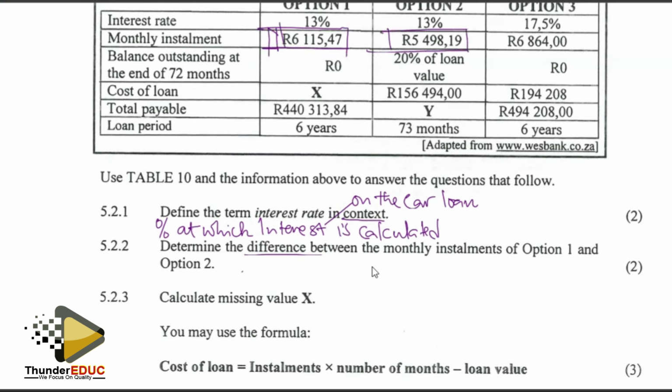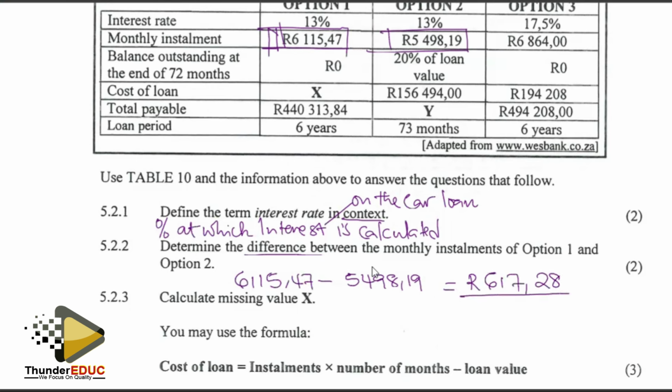So monthly difference, you're going to say 6,115.47 minus 5,498.19. Answer becomes 617 rands 28 cents.